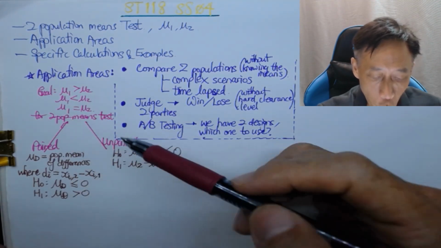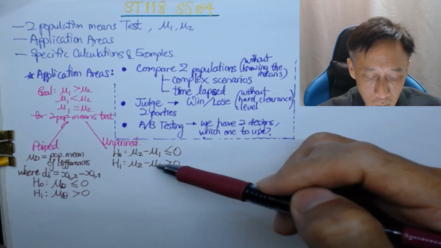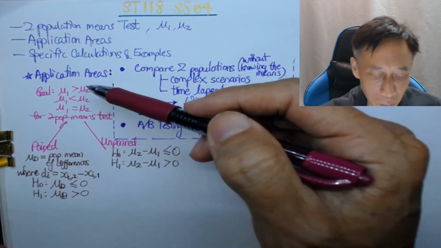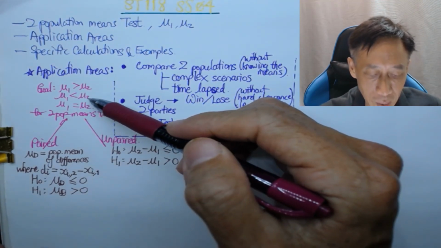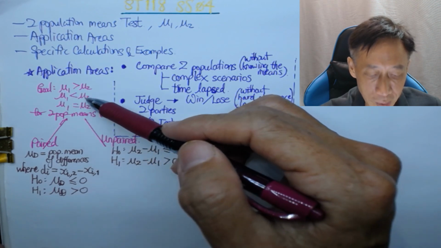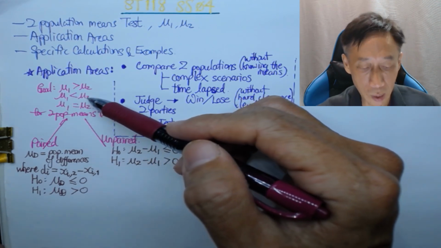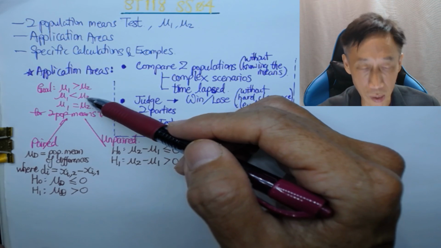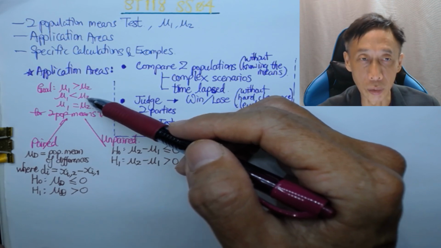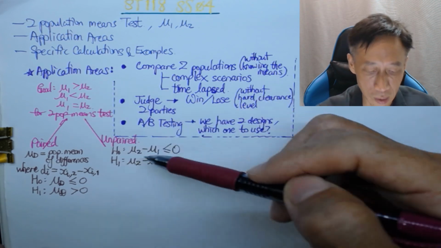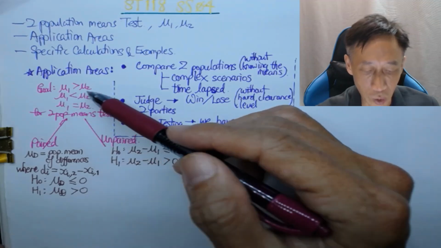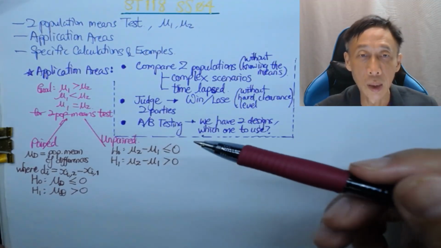Our goal is to know whether mu2 is indeed greater than mu1. So in this case, why didn't we write it like this? Some students will write it this way. In fact, some books will also write it this way, which is not incorrect. Mathematically, this is the same as this, isn't it? Yeah, because if you bring it over, then 0 appears.